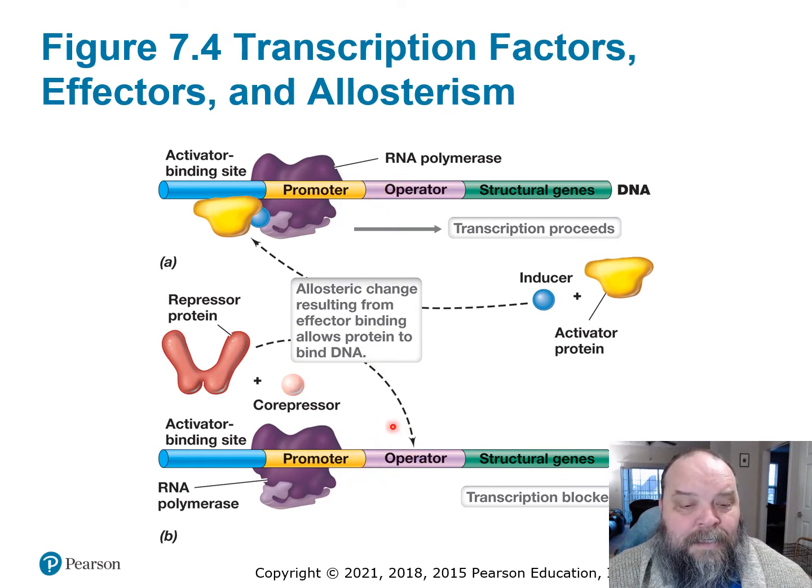So basically, it's going to set up a roadblock so that even if RNA polymerase was able to bind at the promoter, as soon as it starts moving down, it's going to hit right there, and it's going to stop, and then it's going to fall off. Boom.